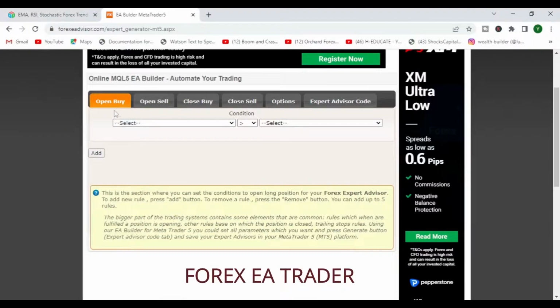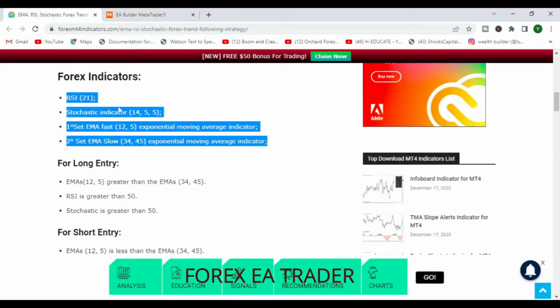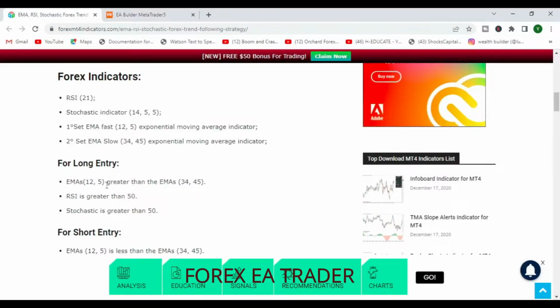So the first thing that we want to do is set conditions for a buy. Conditions for a buy. So the 12 is a long entry. It says the first set, the 12 and 5, needs to be greater than the second set, which makes sense.